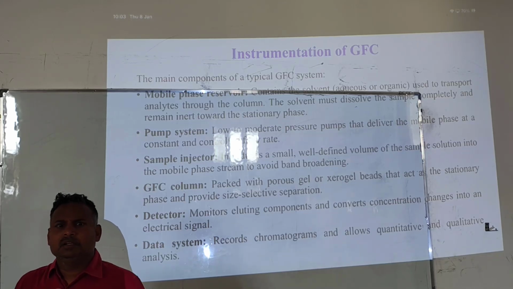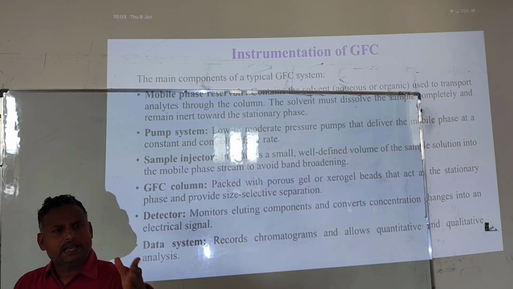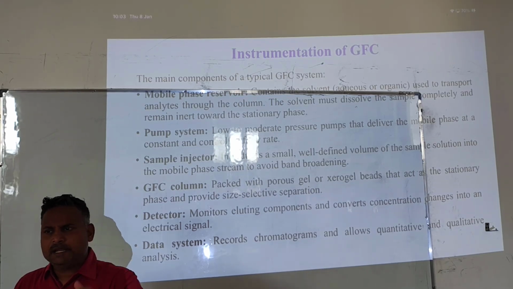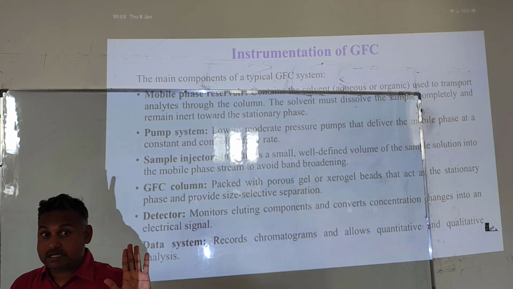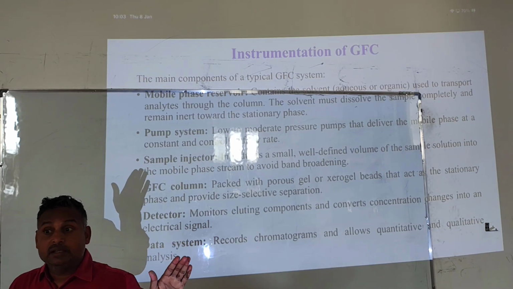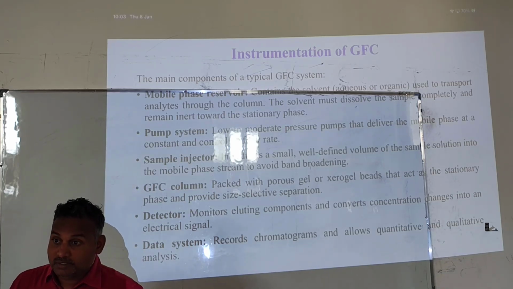For example, a column is present in column chromatography, gas chromatography, HPLC, in all the chromatographies except planar chromatographies. In all the chromatographies we have a column, okay?